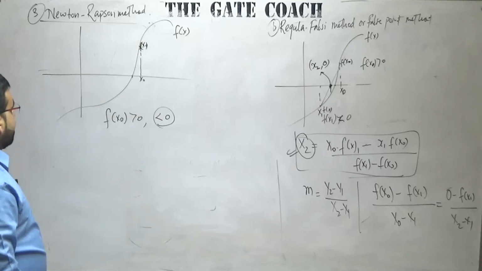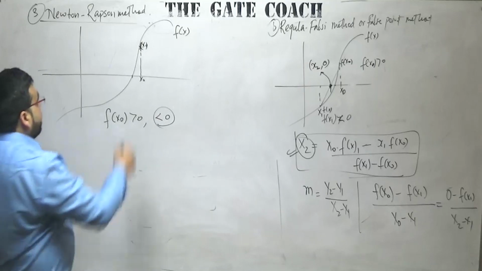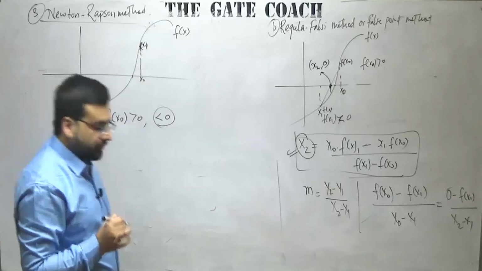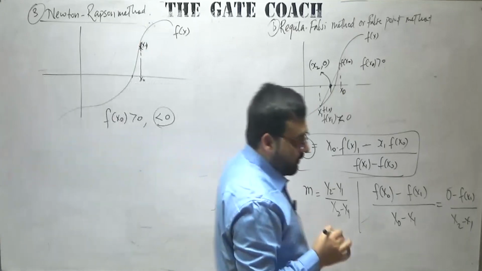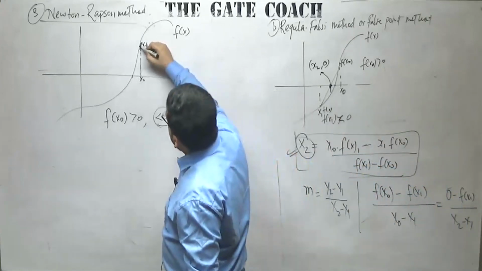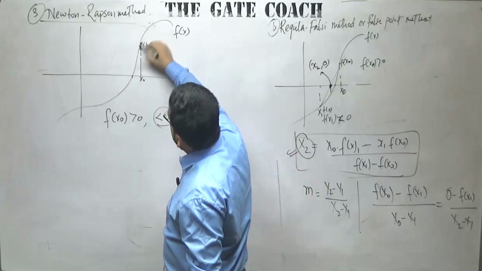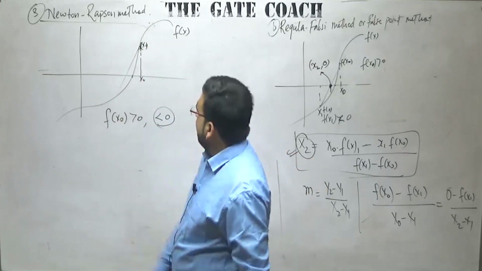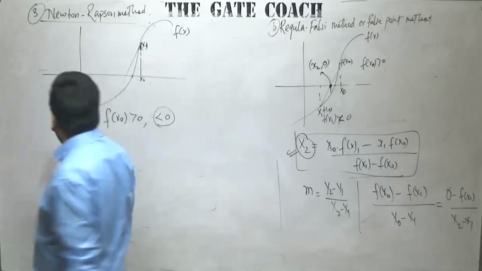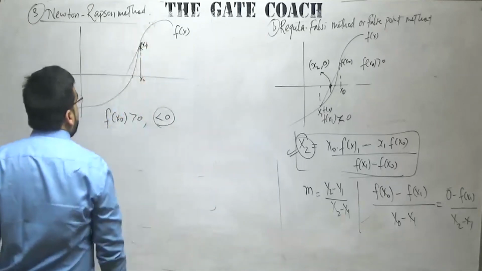The concept is that from this particular point at f of x0, you draw a tangent, or drop a tangent like this. This tangent can be here, depending upon the shape of the graph.